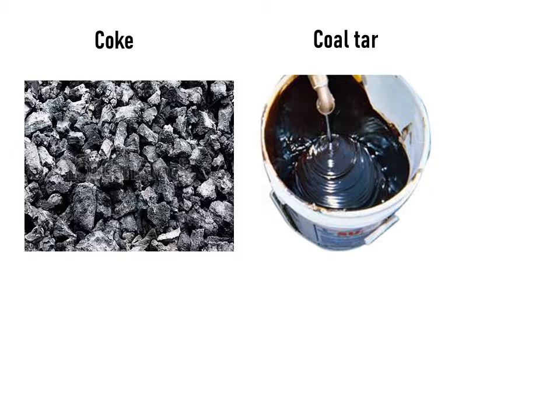What will happen if wood is exposed to such conditions? We know that wood is basically related to vegetable or plant matter. So what will happen if wood is heated in the absence of air?